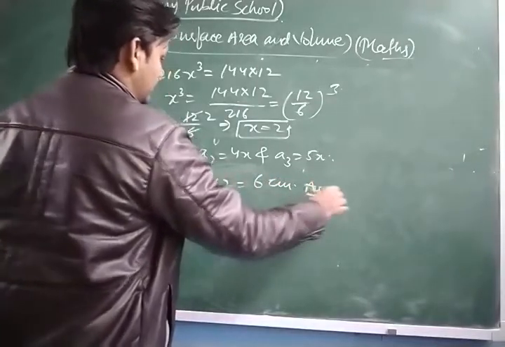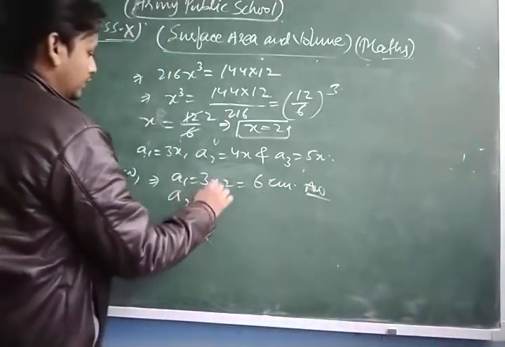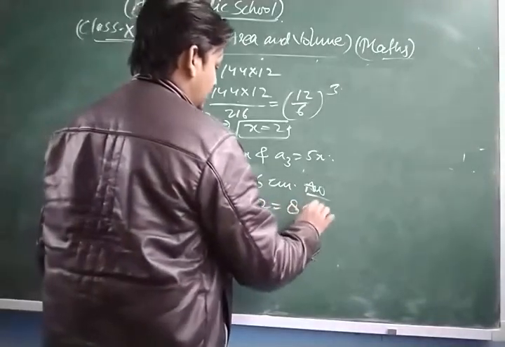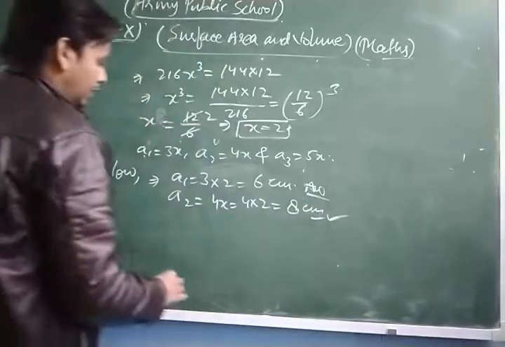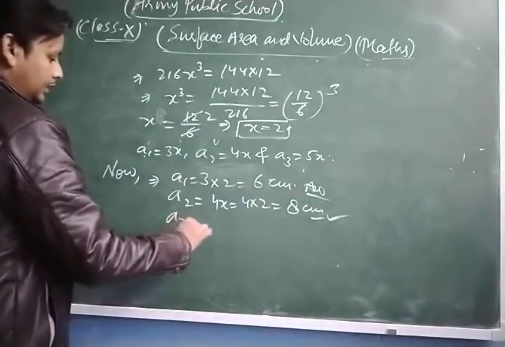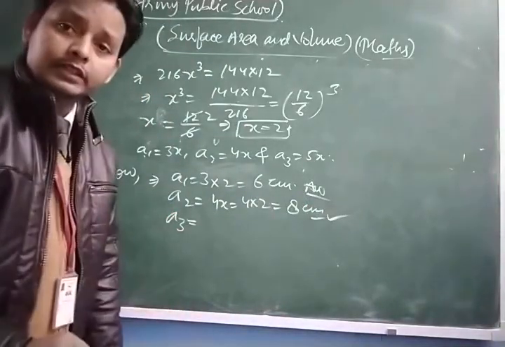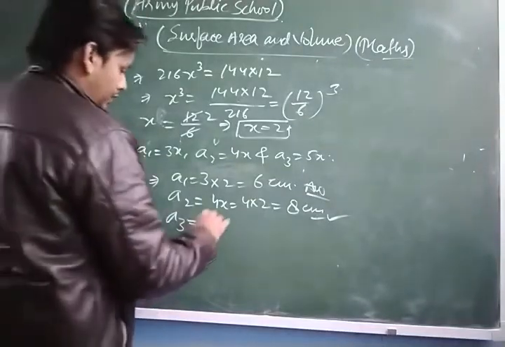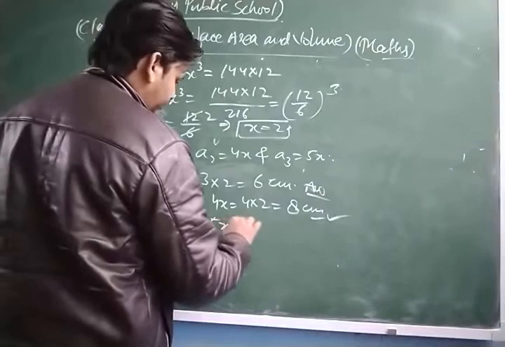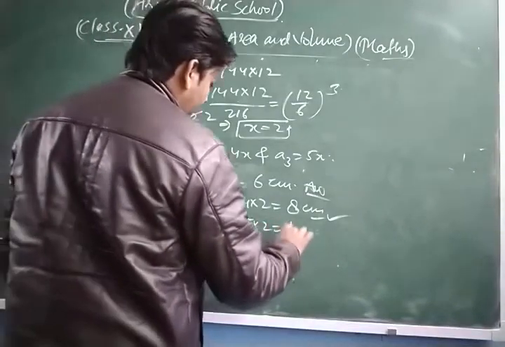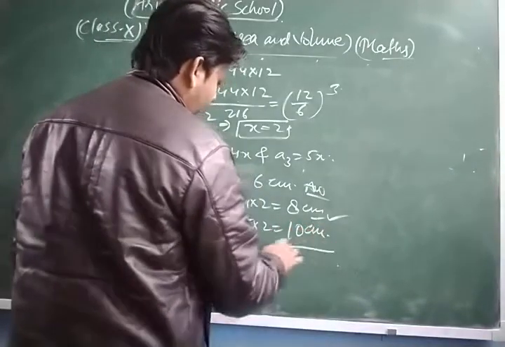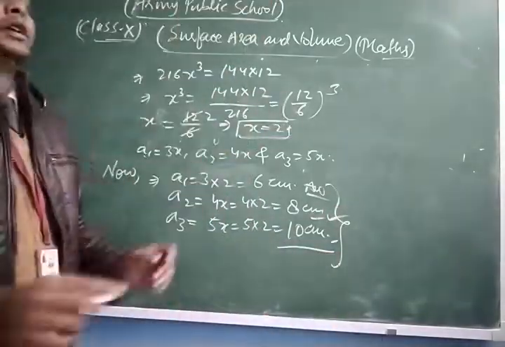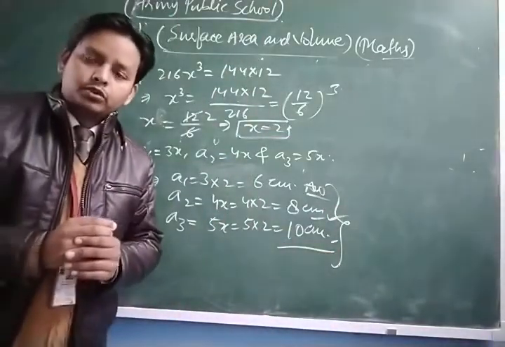This is the first answer. a2 is what? This is 4x. This is the second one. And the last edge, the edge of the third cube, is what? This is 5x. So these are the required solution of the given question.